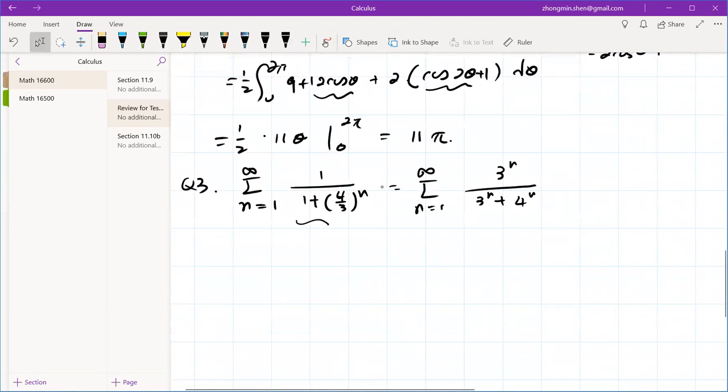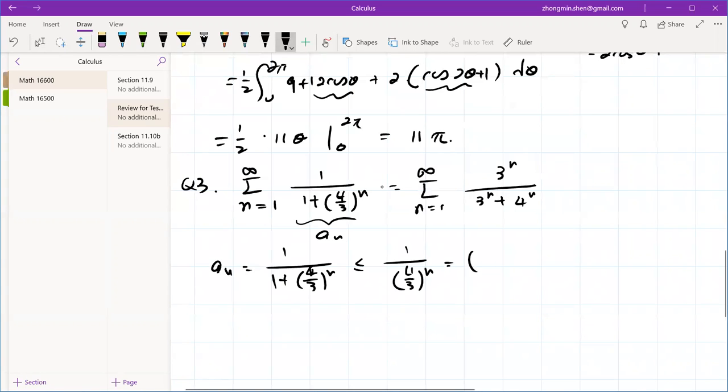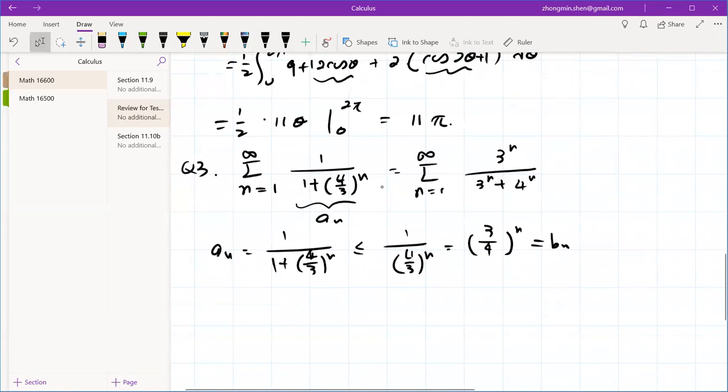So this is a_n. I drop the positive one, so I get 4 over 3 to the n, and that's going to be (3 over 4) to the power n. So you get the geometric series, with r less than 1, 3 over 4, right?